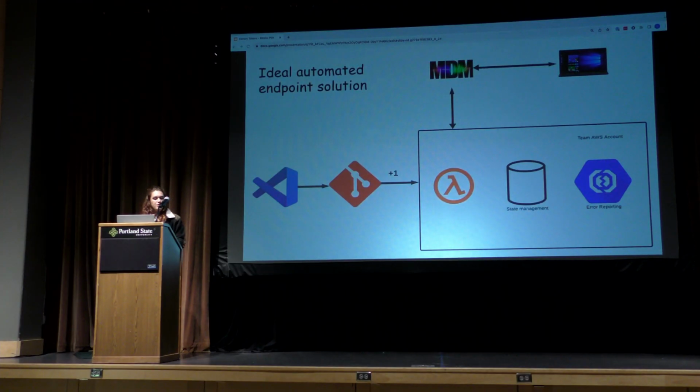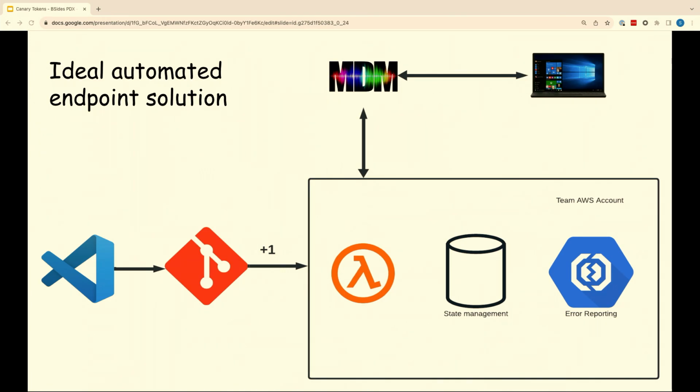So we're not quite at this place yet, but I know what the ideal automated endpoint solution would look like. It would start with your engineer making a change in their coding tool, and they submit that to the code repository that another engineer has to +1.